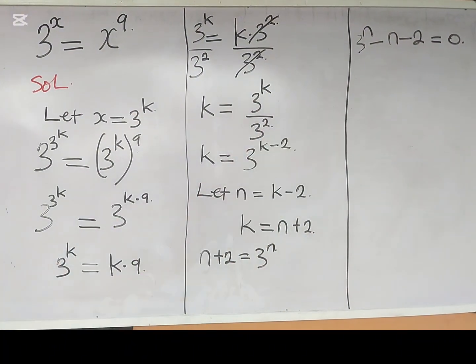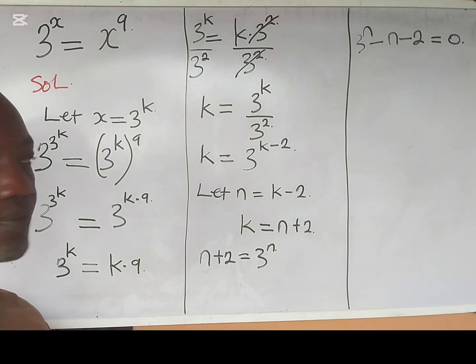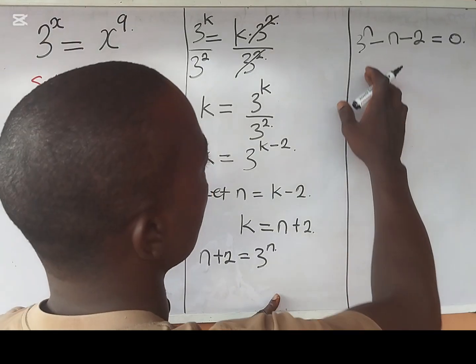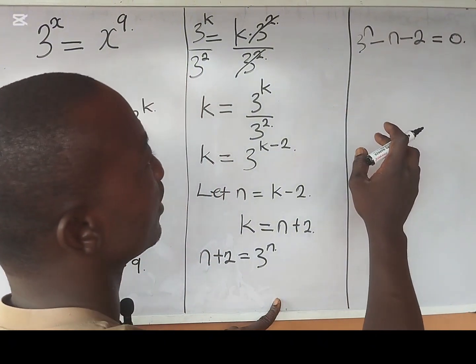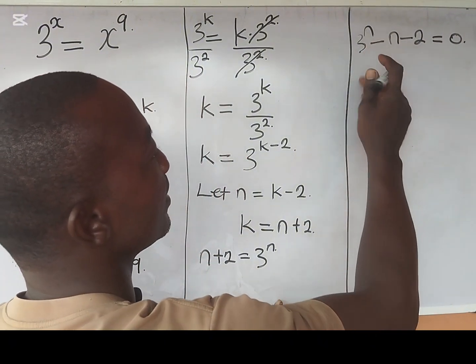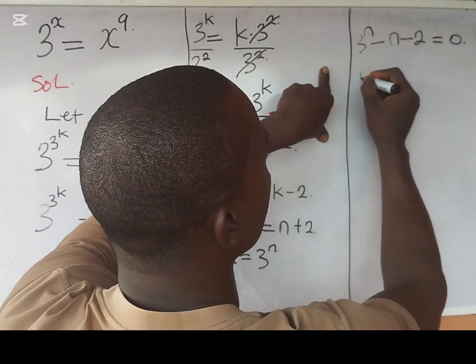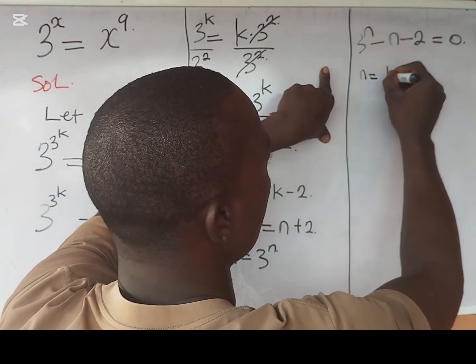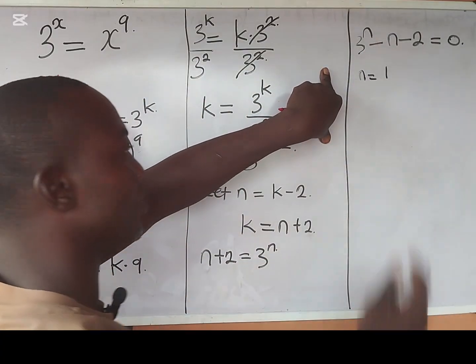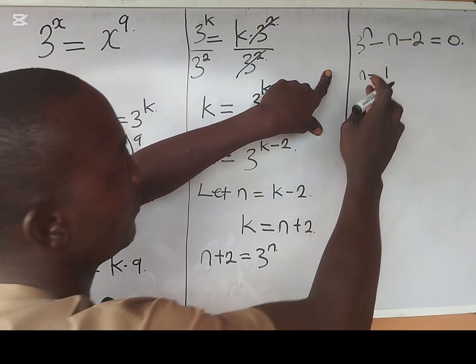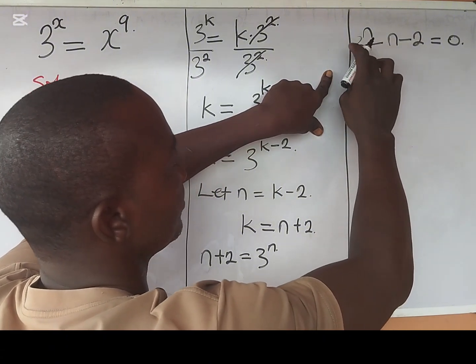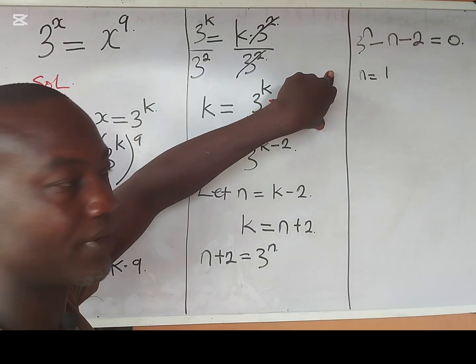When we get to this point, we are going to go by inspection. If you look at this equation carefully, if you substitute n equal to 1 into this equation, what are we going to get? Let's do it mentally without writing it.